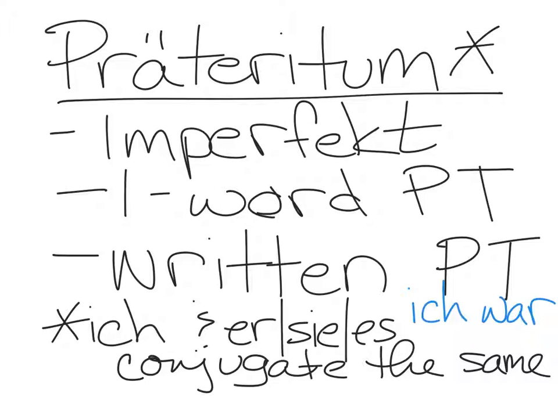Ich war. Ich war. Any idea what that would mean? I was. Good. So if you're going to say he was, then you just say er war. That's it. Other than that, once you have the base form, so the ich or the es, that's the base of the word. So from there, you just add your regular endings to the rest of them. So du warst, wir waren, ihr wart, so on and so forth. Okay? So we'll get back into that one later. We're actually going to start with the harder one and work our way easier. Okay? So, Yasmin was very excited about that concept.